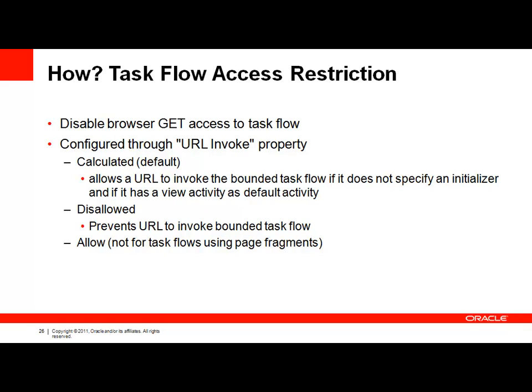Now you can change this to a disallowed state, and the recommendation really is to make every bounded task flow not accessible from a GET request, because that would lock it down and further protect your environment. It's a kind of compartmentalization where you lock down the individual modules that make up your application and then make sure that only the application flow is able to call them.